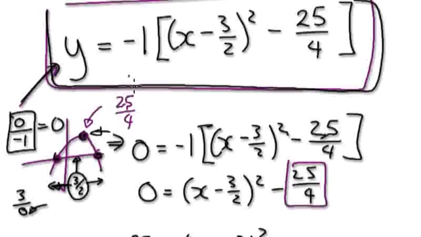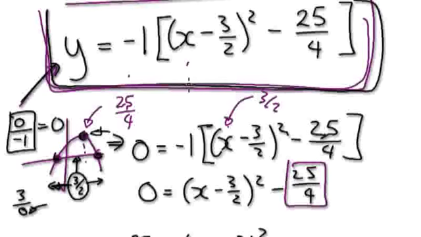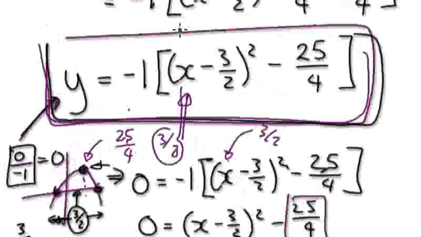And if you want to find the x value, if you put positive 3 over 2 into the x here, that will give you its maximum point. So this point here is actually 3 over 2.